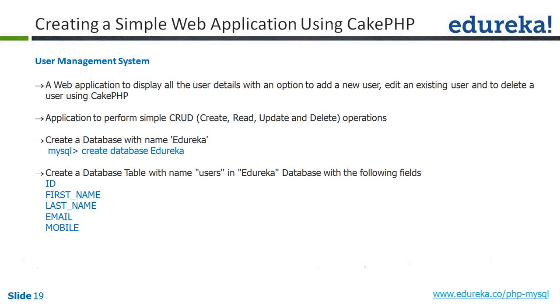I am your client. My requirement is that you develop an application that displays all my users, all my employees in my company in a tabular manner with an option to edit, delete, and to add a new user. How many actions are required in our project?